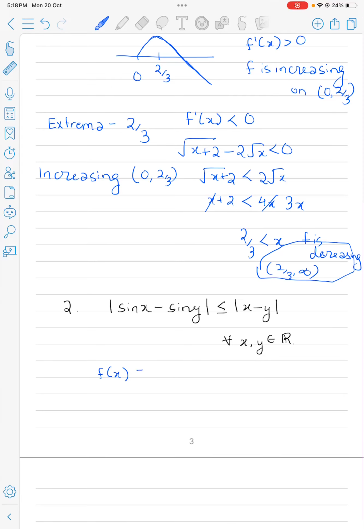Let's take f(t) equal to sin t, and we will do it on the interval xy.